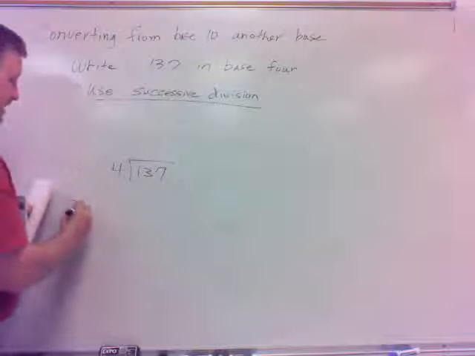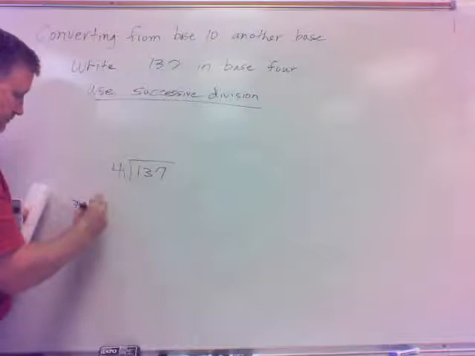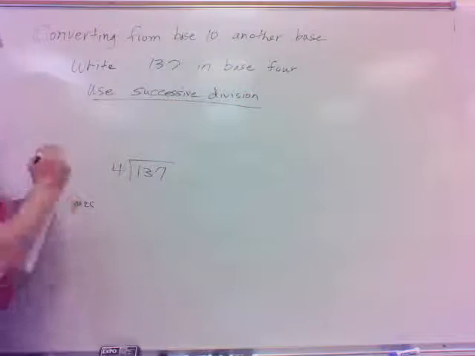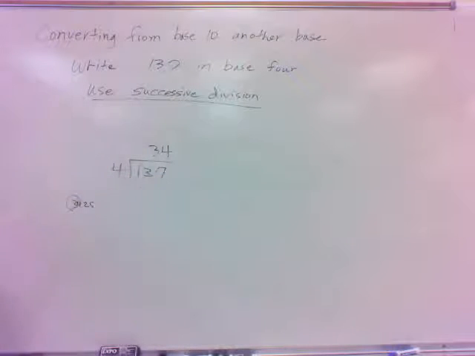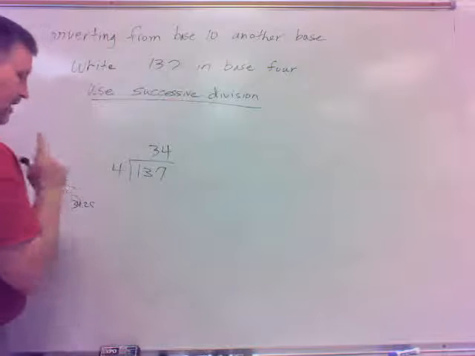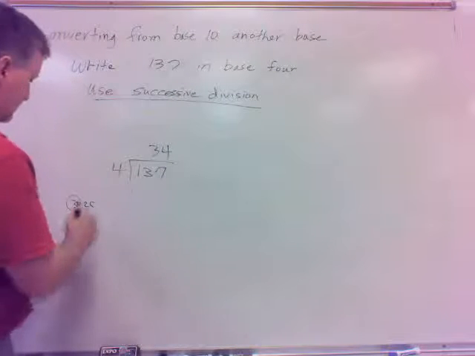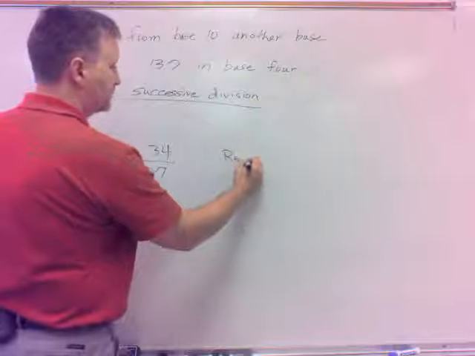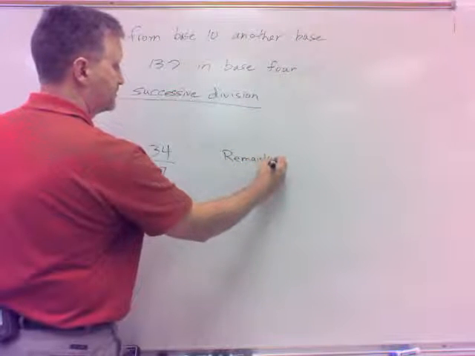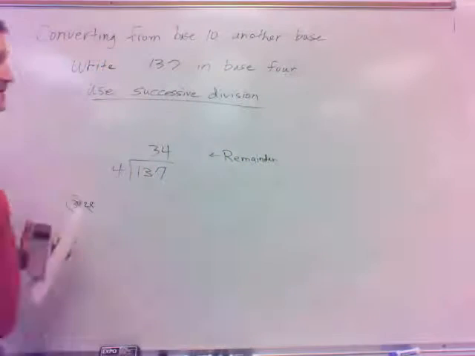All I want out of that, for now anyway, to go on my division bar is the whole number part, the 34. 4 goes 34 times into 137. I don't want the decimal part, but I do want to keep up with the remainders. Those are going to go over here to the side.